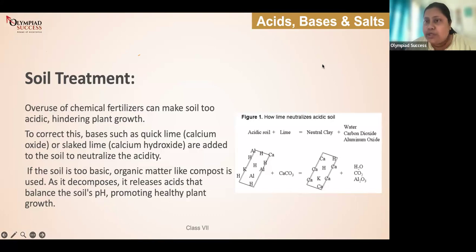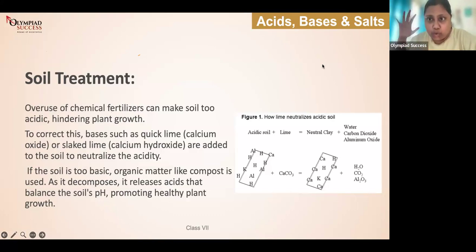Now there is one more situation. We use shampoo, right? When you wash your hair after shampooing, you can collect the water and put it in your garden plants. They'll die. So pH, be it acid or base, anything excessive is going to affect the health of the plant.